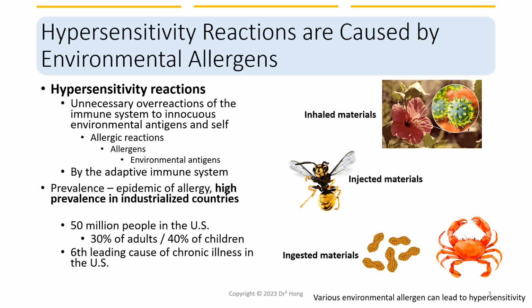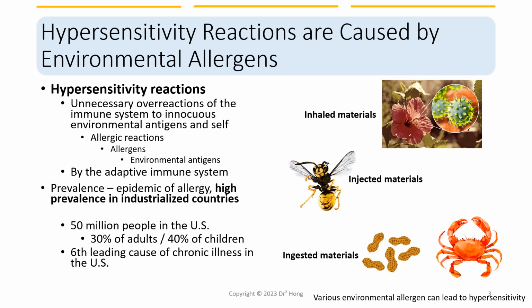Many allergens are derived from plants and animals that we eat or present in the environment where we live and work and play. It is believed that the prevalence of hypersensitivities is almost like an epidemic in industrialized countries. However, the prevalence or incidence rate is difficult to assess.